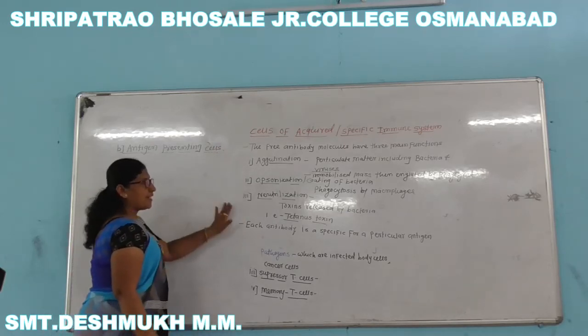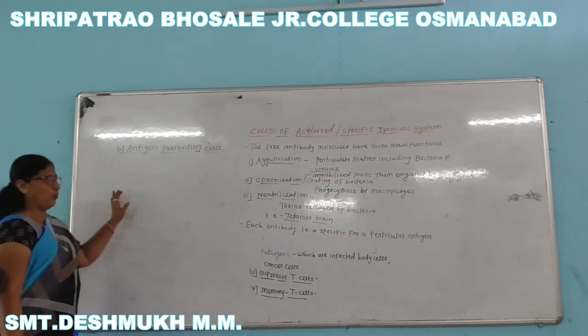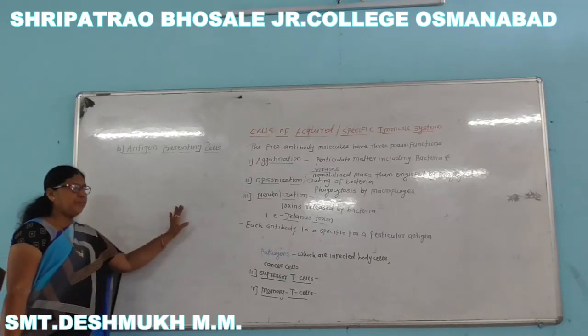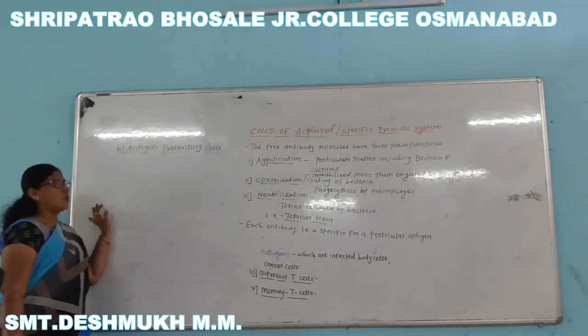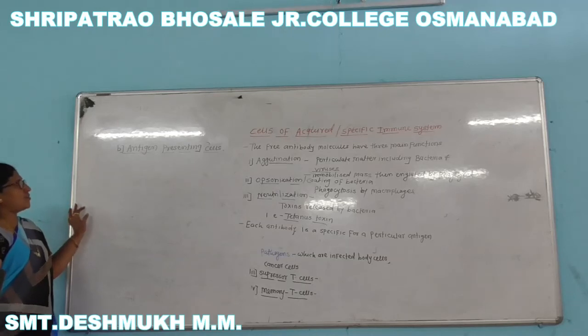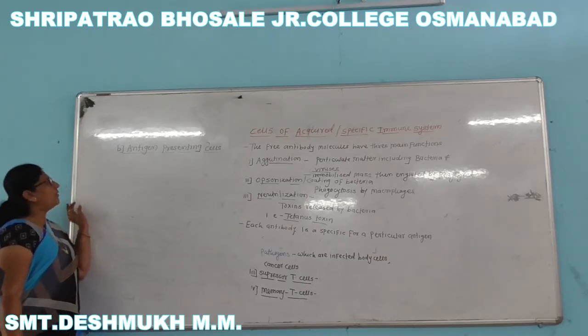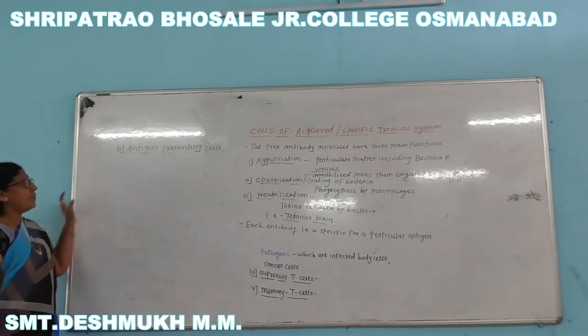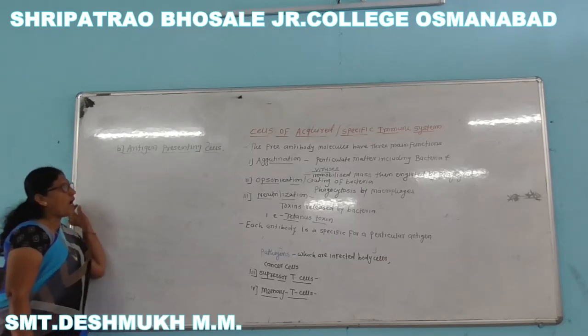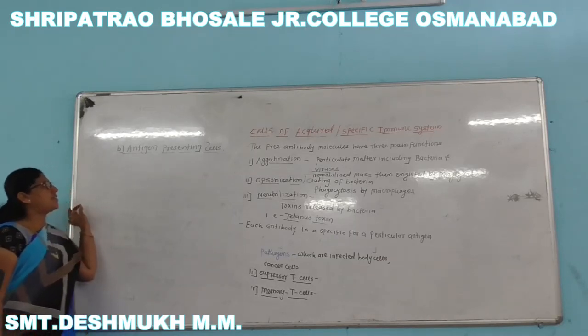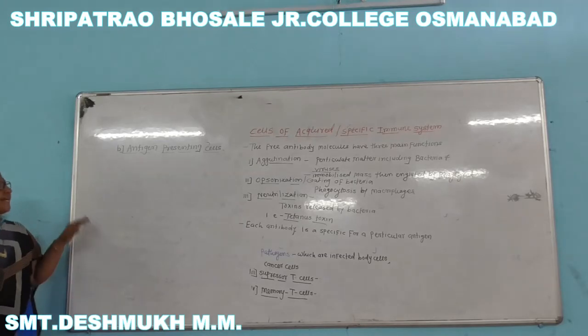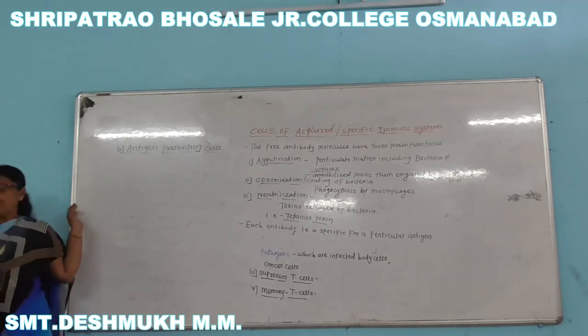Firstly we studied the first major group, the lymphocyte cells, and then the second major group of the acquired immune system is the antigen presenting cells.